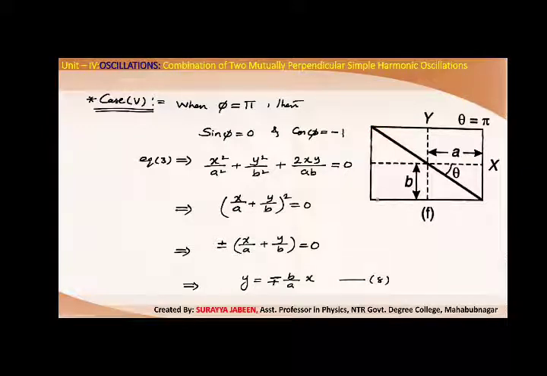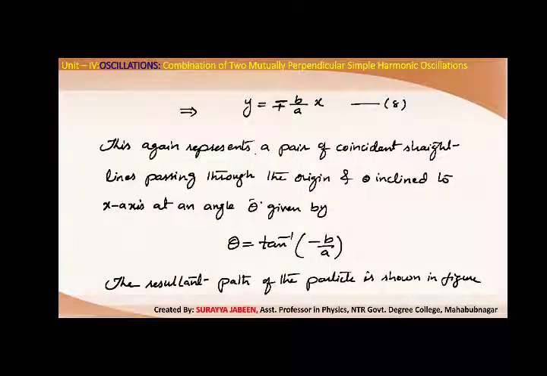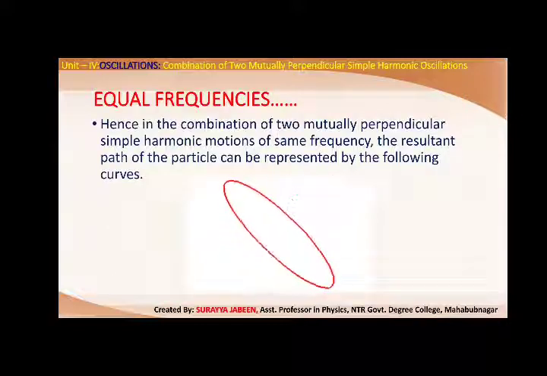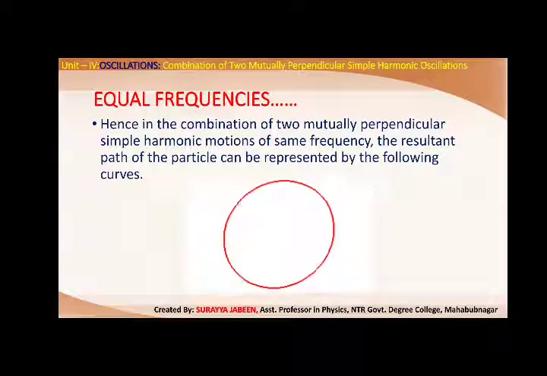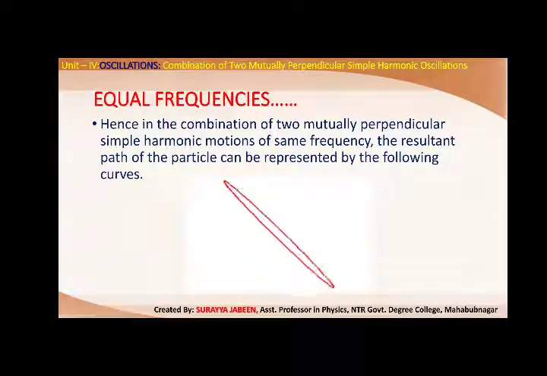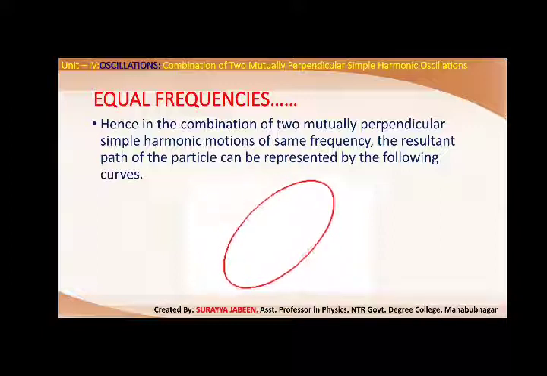So now we have discussed all the 5 cases. Hence, in the combination of two mutually perpendicular simple harmonic motions of the same frequency, the resultant path of the particle can be represented by the following curves.